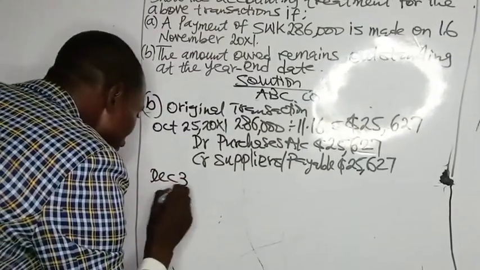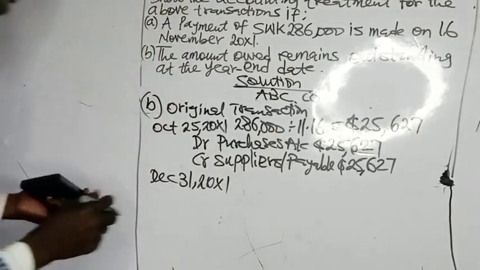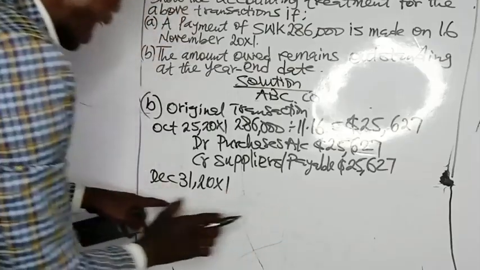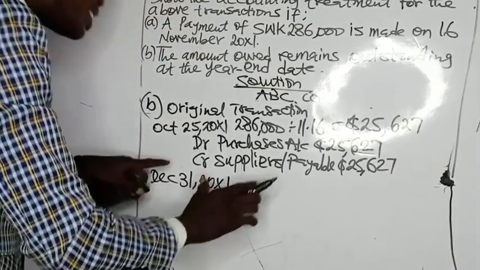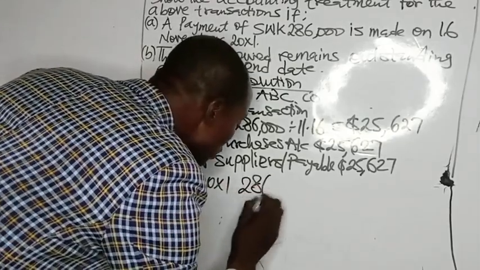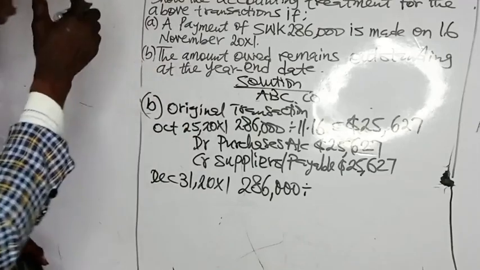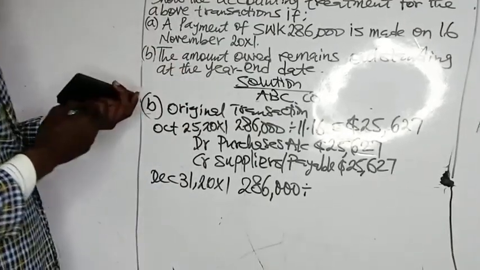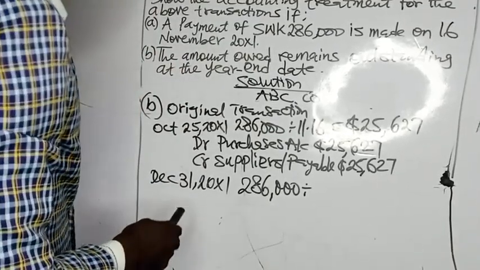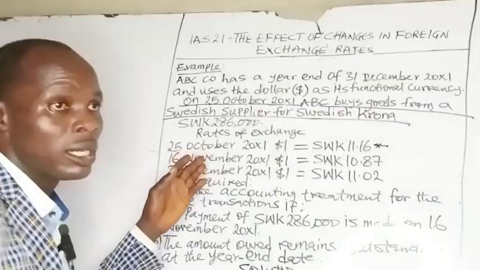So, December 31st, 20x1. This amount owed had not been settled. The amount owed is 286,000 kroner divided by the exchange rate. Remember, I have told you, if it is a monetary item, you use the closing rate.